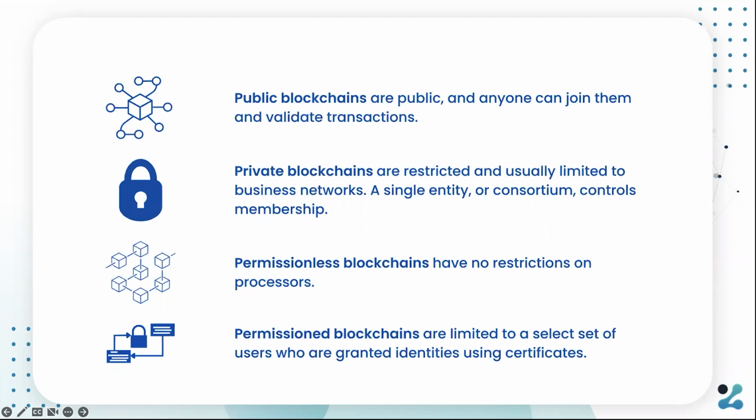Then permissioned blockchains, like private blockchains, are slightly different. Again, they're limited to a set of people or organizations, but there are identities which define who can join and who can execute, and there are specific permissions or rules which need to be followed.